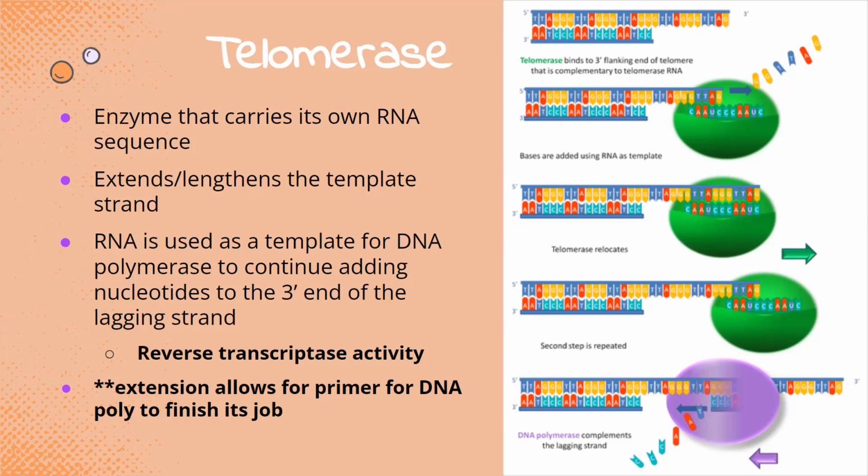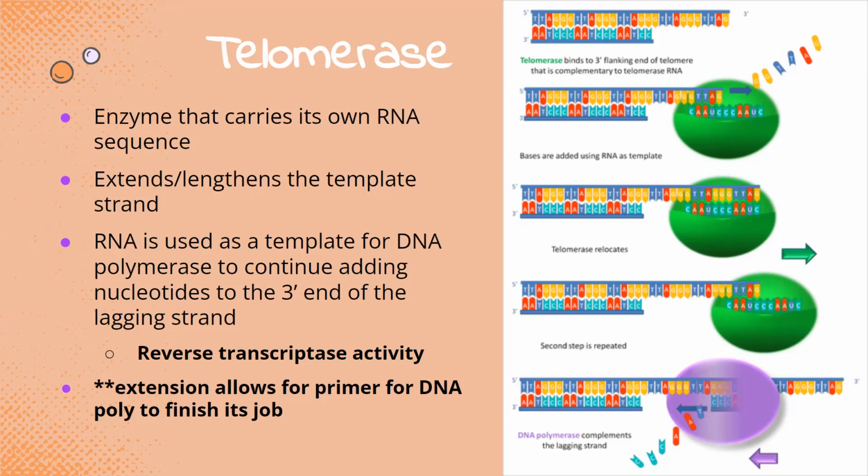The telomere is the end region of chromosomes. Because the primers are removed at the end of replication, you're going to have an overhang at the end, right there at the 5'.